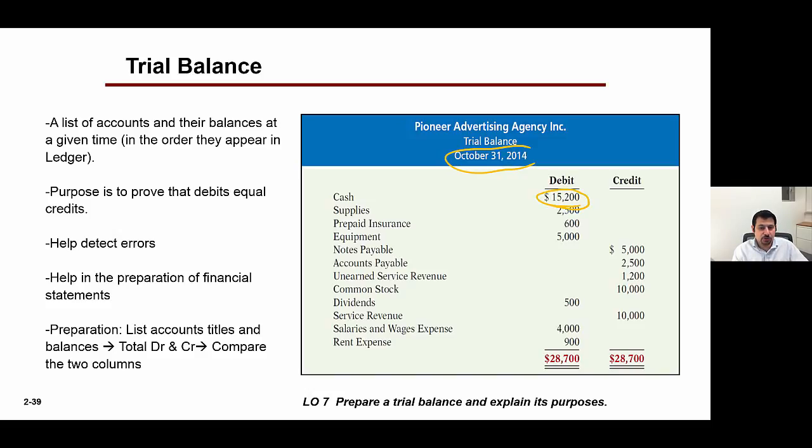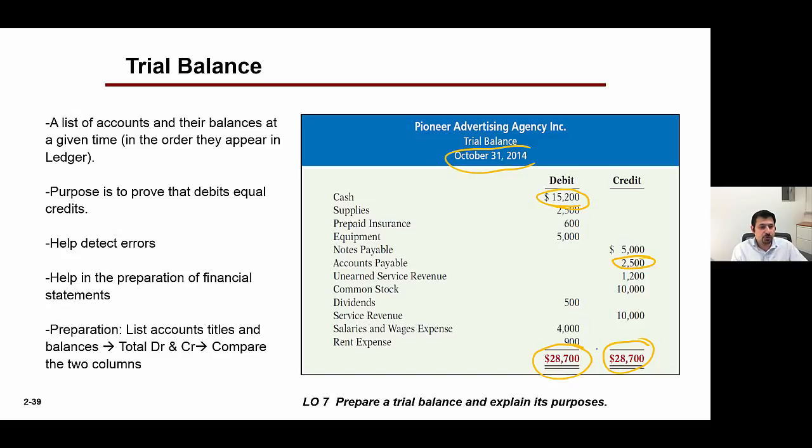On that day also, the accounts payable account was 2,500. So this is how you do it. It basically lists all the accounts in the order that they appear in the ledger, and then the total, as you can see here, the total debits must equal the total credits.